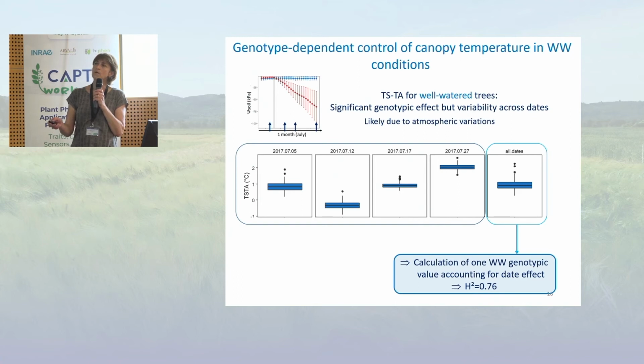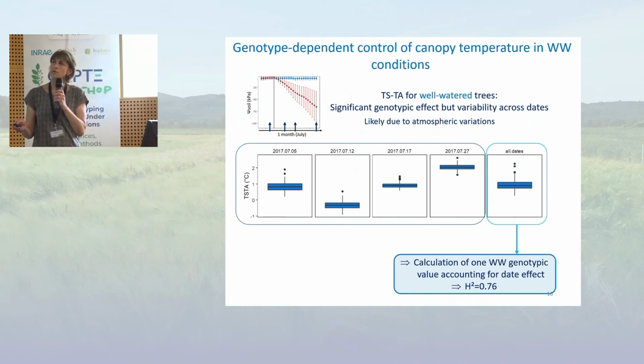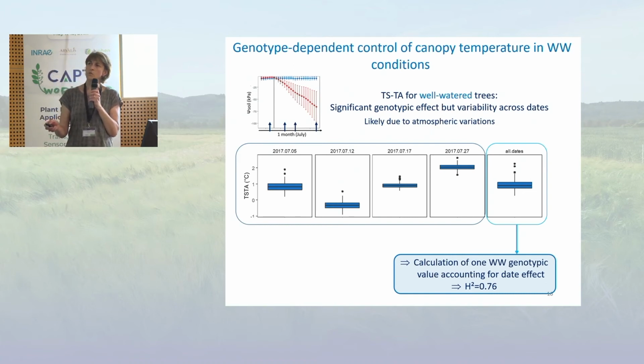Here we are in the well-watered trees, so the soil water potential is quite constant, but still probably due to the evolution of the temperature and the VPD, we still have a variable temperature of the leaves. So we had a calculation of one data for all the dates, but we had to account for the date effect on the genetic analysis.